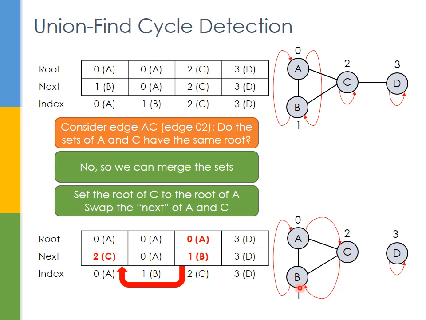And then for vertex B, we see its next is 0, in other words, vertex A. So we've connected through there. And that is then our full set.